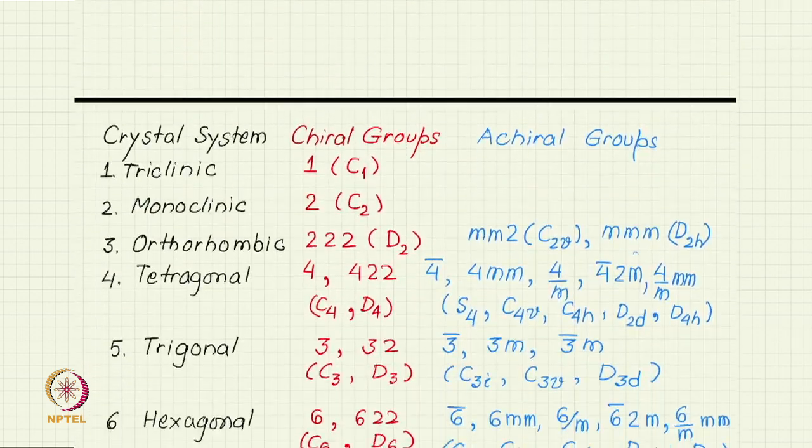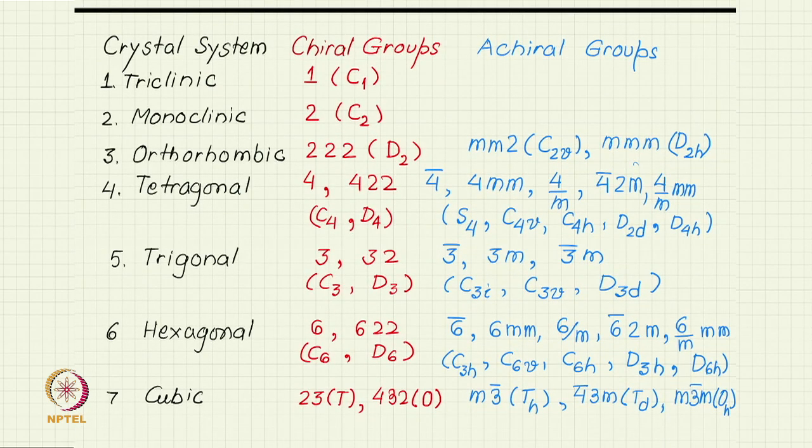Now, once we have established that, it is easy to see which point groups will show chirality and which cannot show. Since the chiral groups should not have any type 2 operation, they should have only proper rotations, and we have already established this. We have shown that there are 11 such groups.